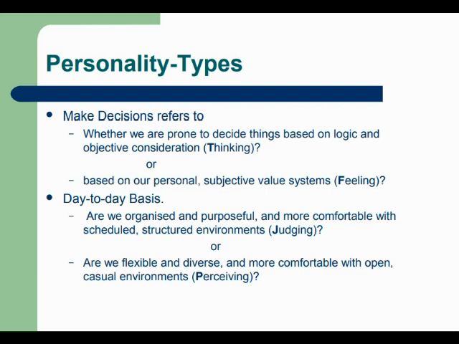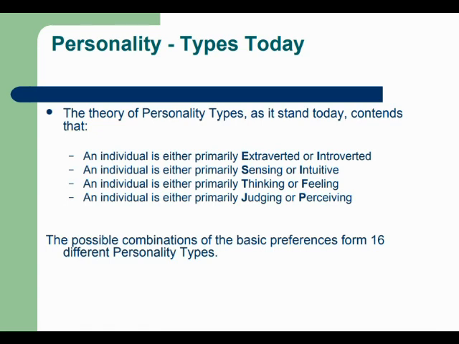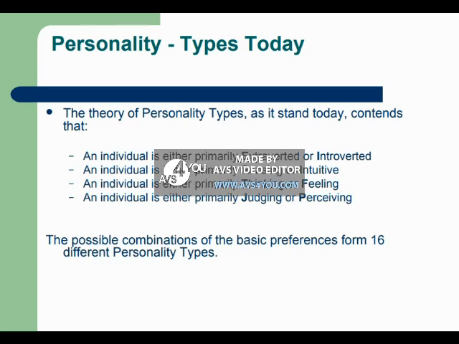Or are we flexible and diverse, and more comfortable with open, casual environments, perceiving? Personality types today. The theory of personality types, as it stands today, contends that an individual is either primarily extroverted or introverted.